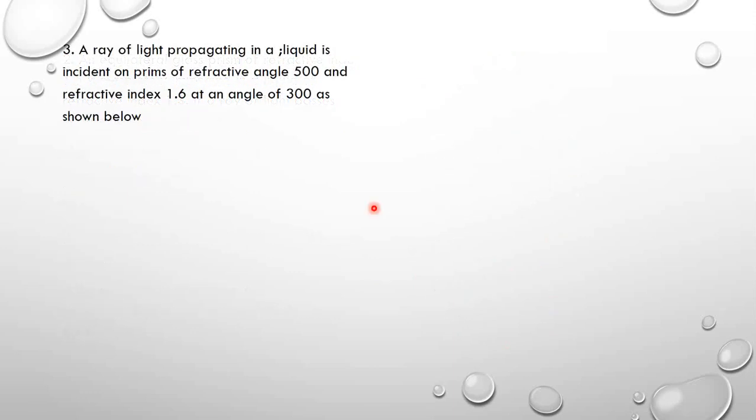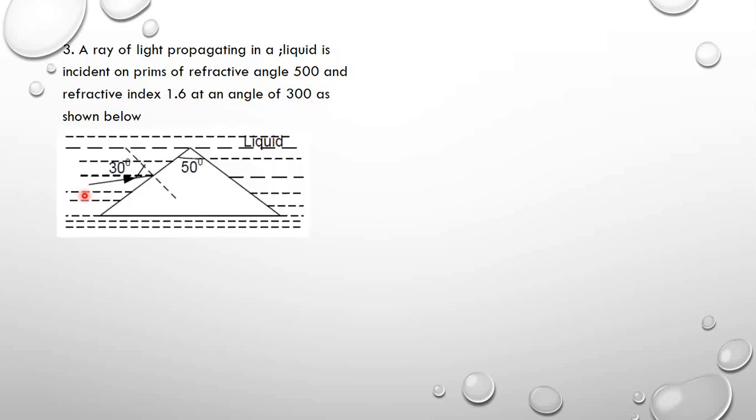Number 3, a ray of light propagating in a liquid is incident on a prism of refracting angle 50 degrees, this is 50 degrees, and refractive index 1.6 at an angle of, this is supposed to be 30 degrees as shown, so it is here.